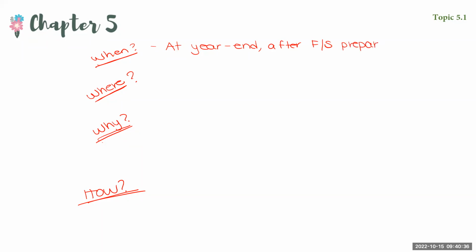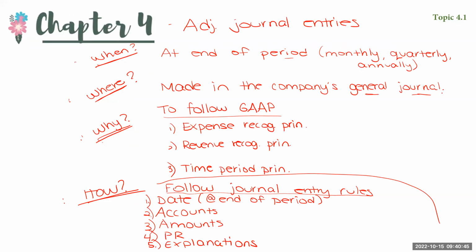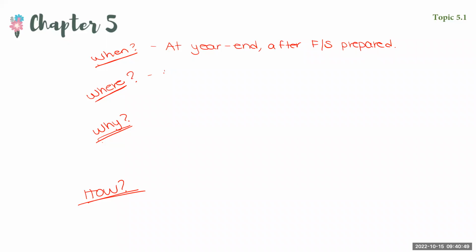You'll see why that's important. They're done afterwards. In just a minute. Where? They're just like every other entry, right? The general journal, where all your other journal entries go.